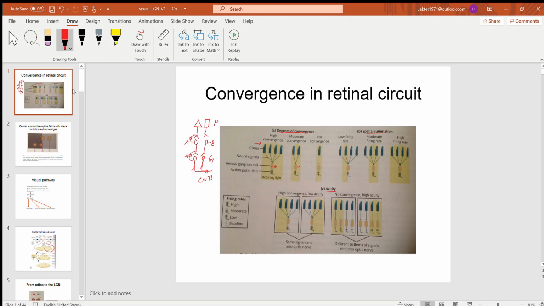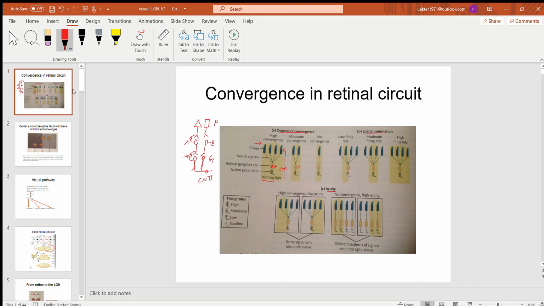First, let's see how the convergence can occur on the ganglion cells. The yellow area is showing the light, or visual stimulus, the incoming light. You know that light goes this way, right, to stimulate the photoreceptors, okay?